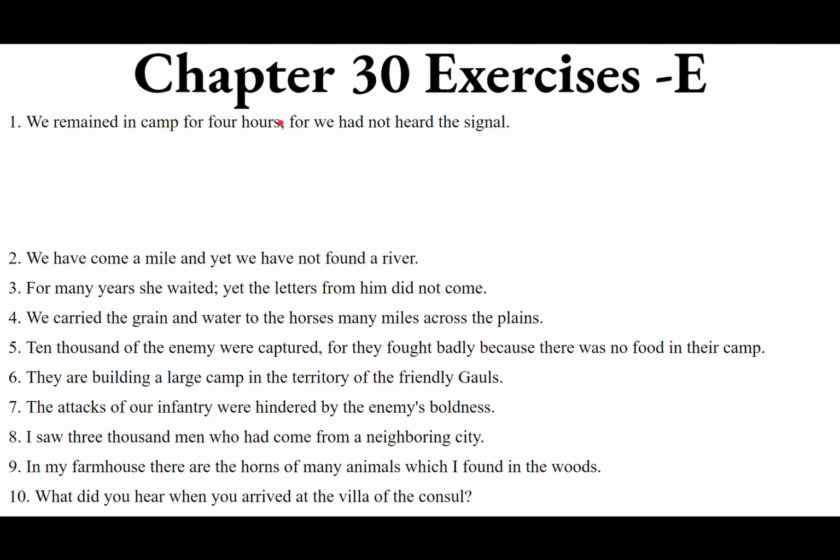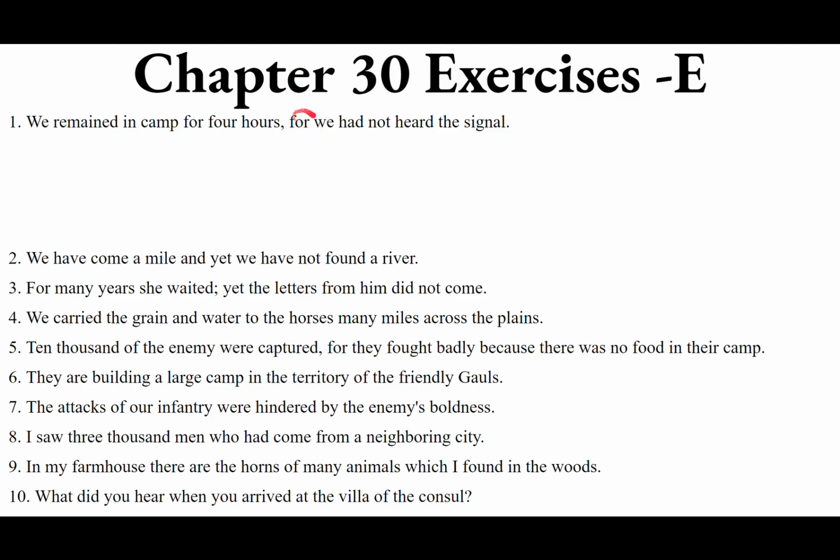If we took out the main clause, we remained in camp for 4 hours, left this alone, scratched this out, and we had not heard the signal was our only sentence, that would actually not be a sentence. For we had not heard the signal. That's actually not a sentence. The for there makes it weird.